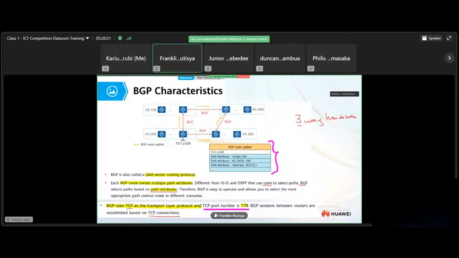The router that is sending packets will generate a random port number greater than or equal to 1024 in order to request the BGP connection. Then the peer will respond with port number 179.